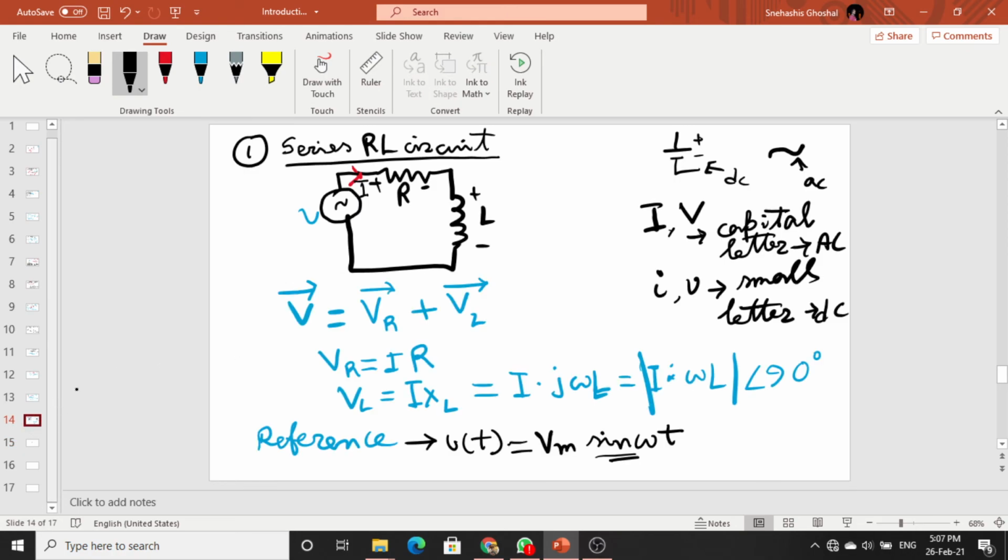Now in a resistance, there is no phase difference between voltage and current. Whenever inductor, okay, I am writing that too.